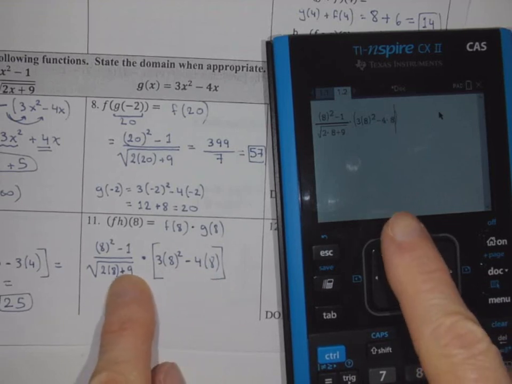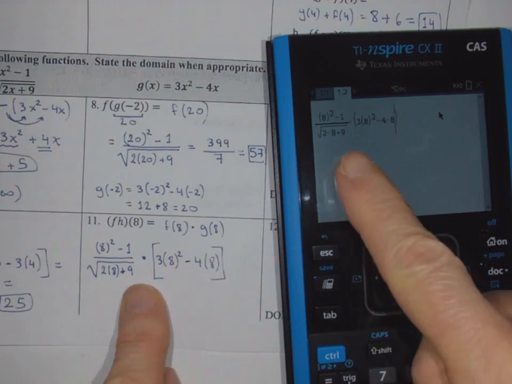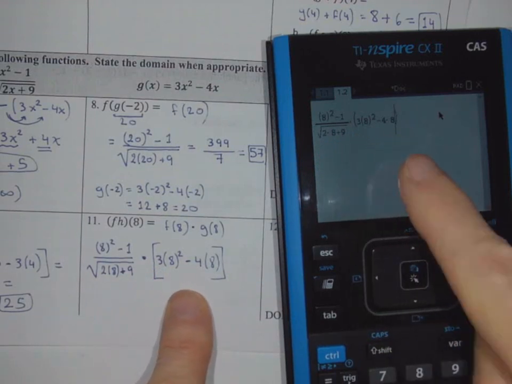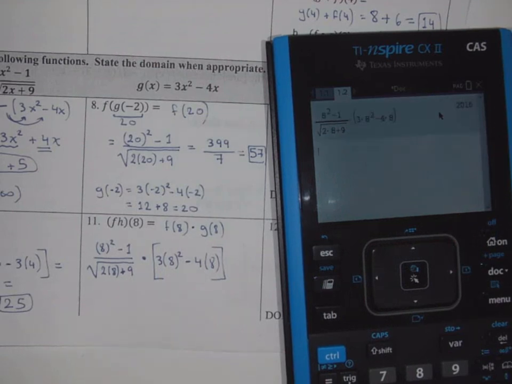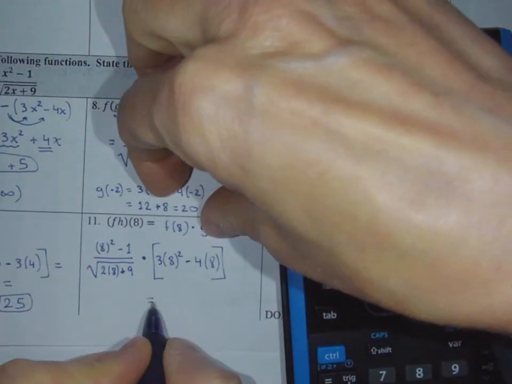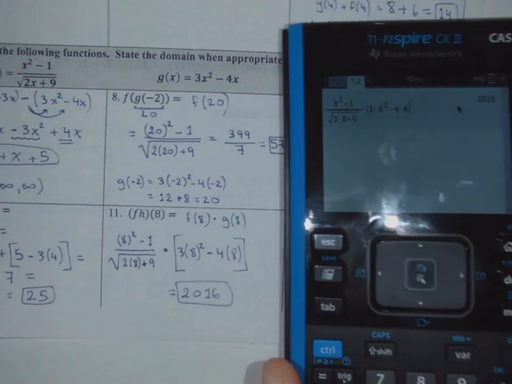Okay, just take a second or two to quickly check that you didn't type anything wrong, to make sure your answer is going to be what you really wanted, and that will be 2016.